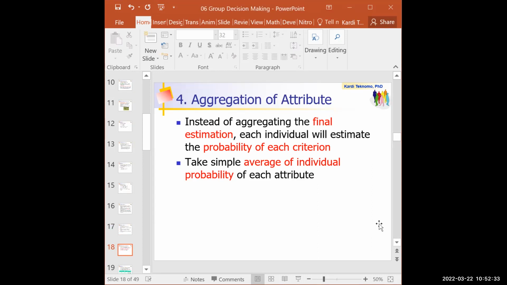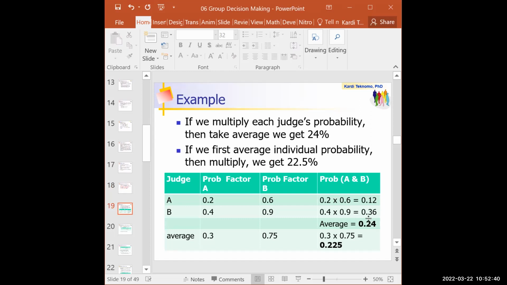And then we take the simple average of the individual probability on its attributes. This is an example. Say you have two judges, A and B.